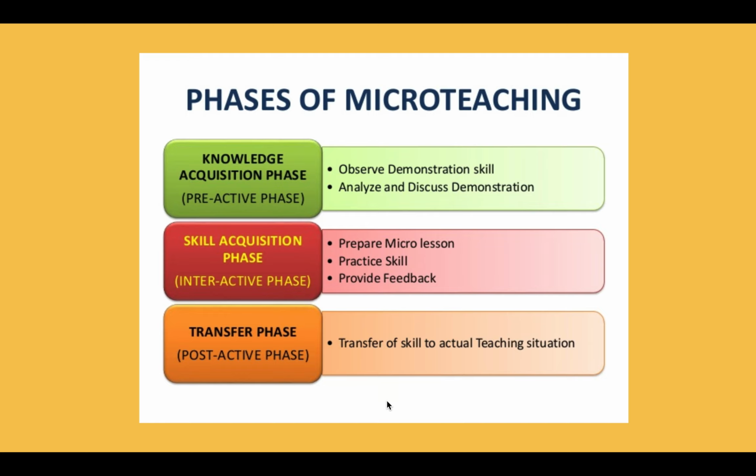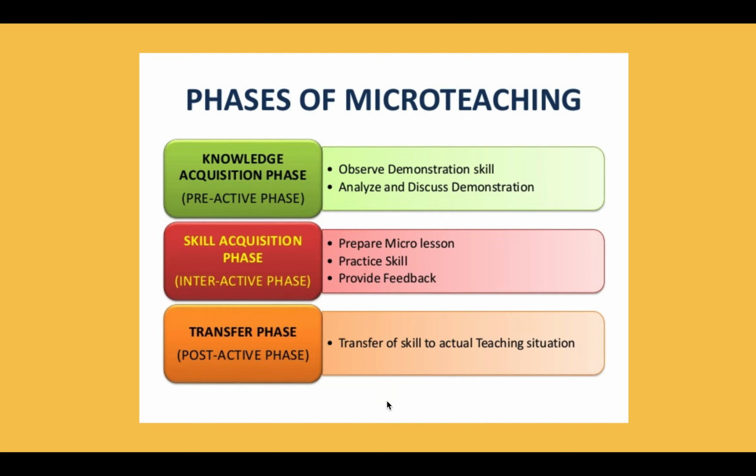So we have three phases of micro teaching: the knowledge acquisition phase, known as the pre-active phase, then the skill acquisition phase, the interactive phase, then the transfer phase, the post-active phase. First we observe and understand, that is knowledge acquisition. Then skill acquisition, they need to practice it.